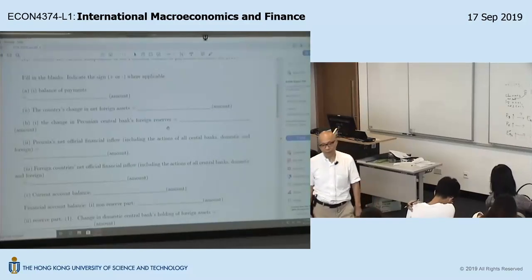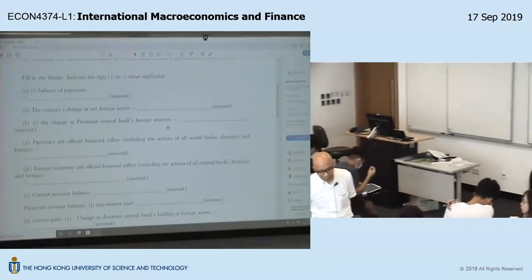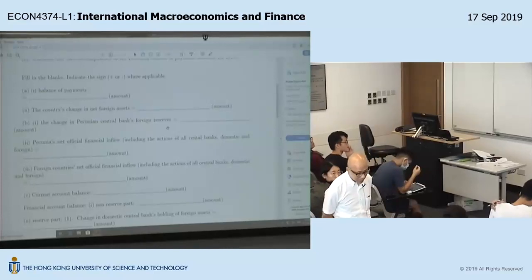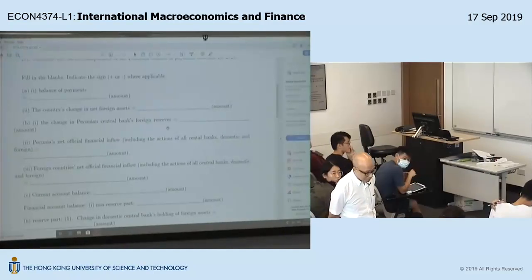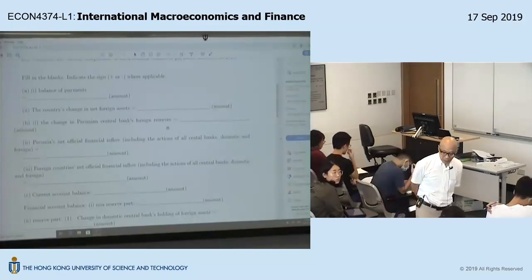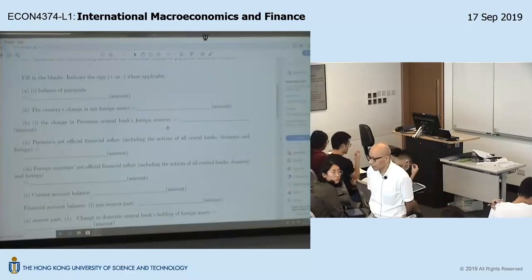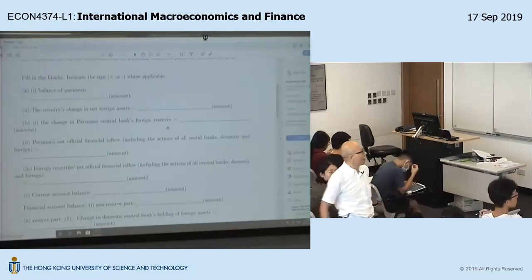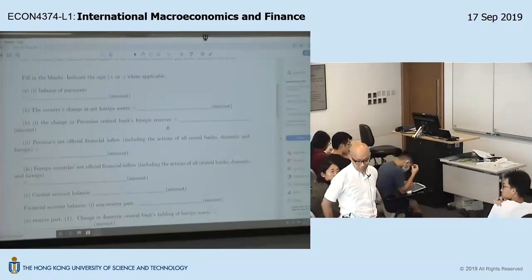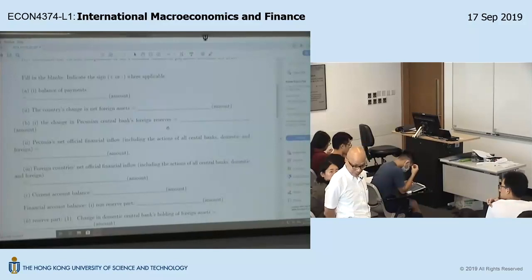But wouldn't foreign non-official parties also purchase domestic assets with official reserves, and that will also affect the official account? No, for the foreign private sector, their action is in the non-official part of the financial account.